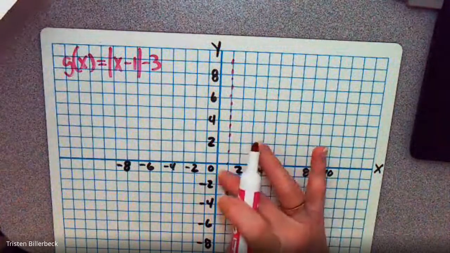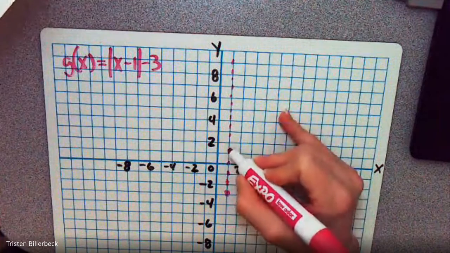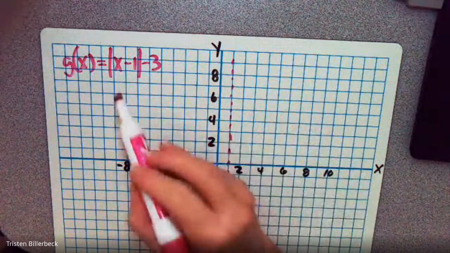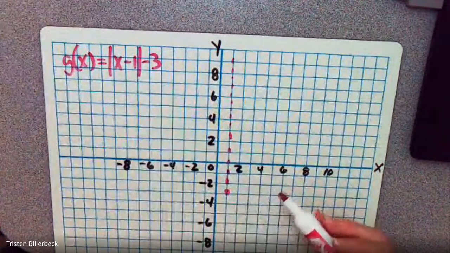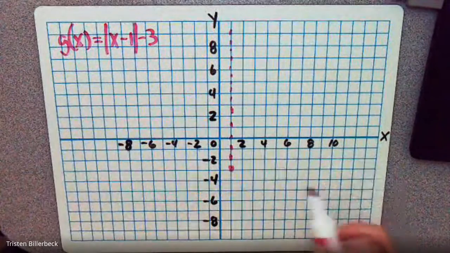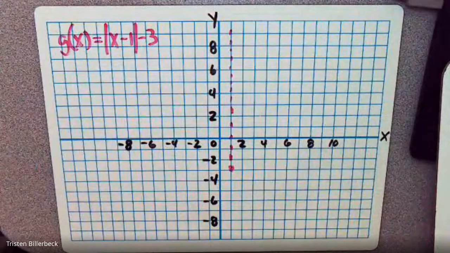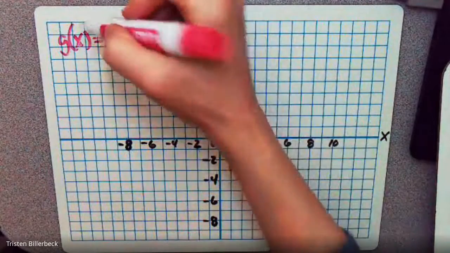Okay, we can use a chart if we're uncomfortable, or we could know that since a is 1, we just have a parent function being moved. Okay, so there's no stretch or compression because a is 1. So we can just graph the parent as is, as long as a is 1.